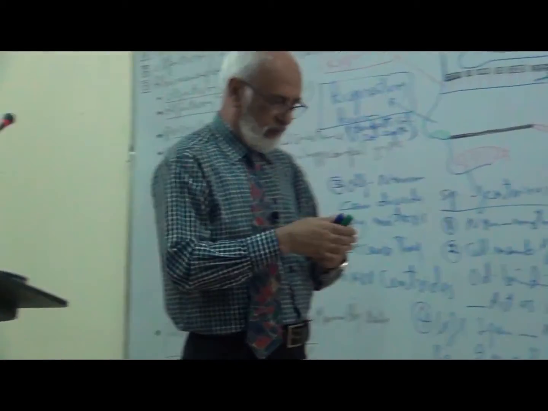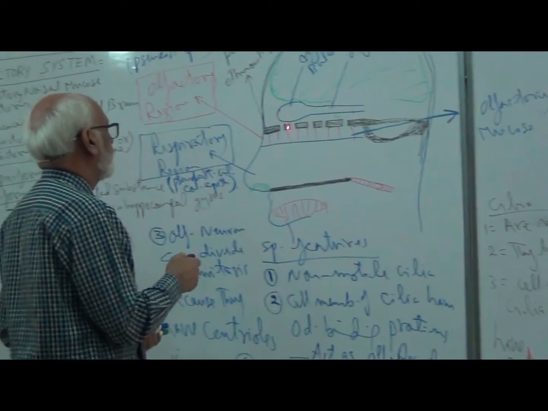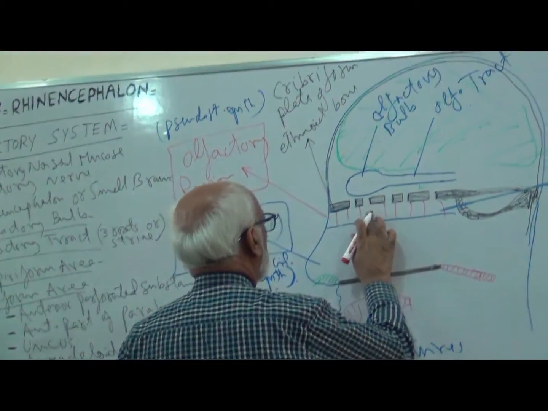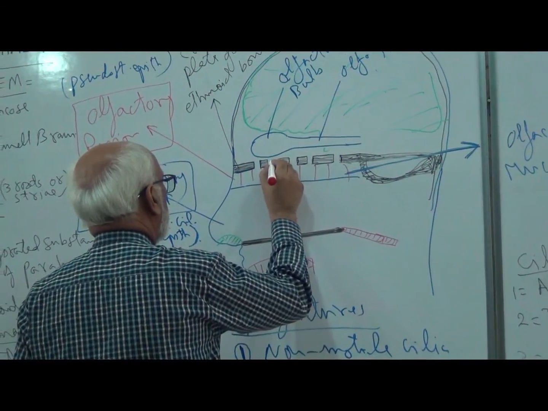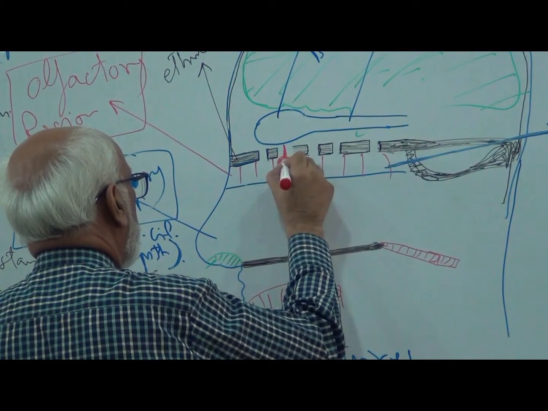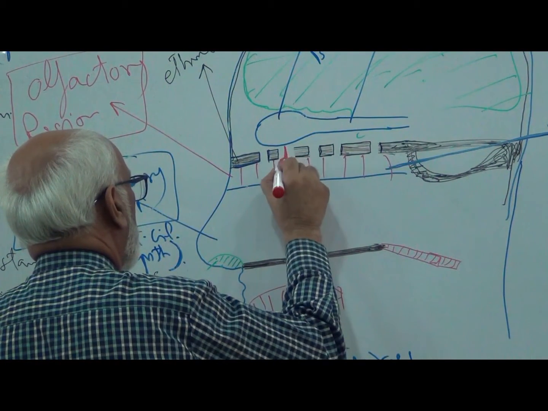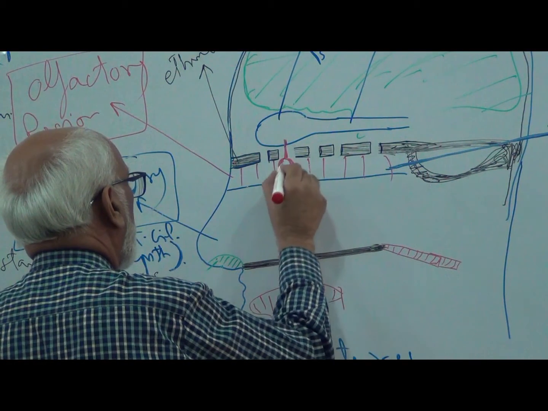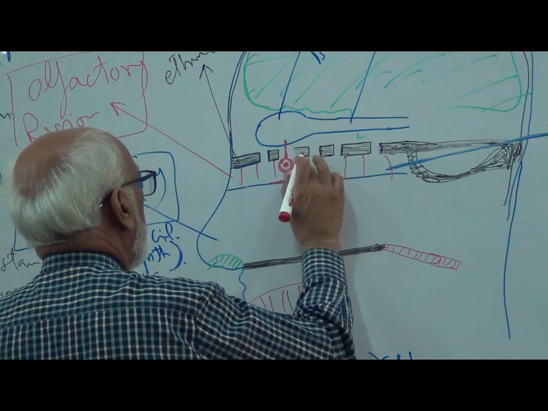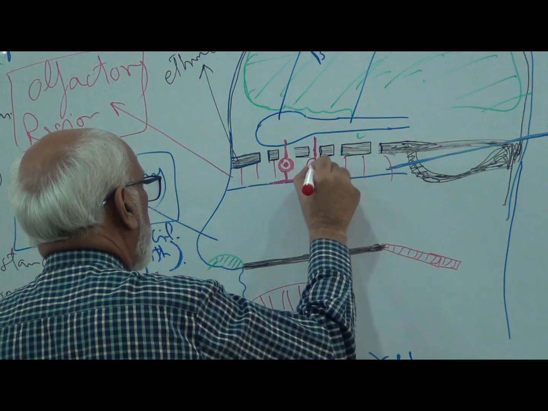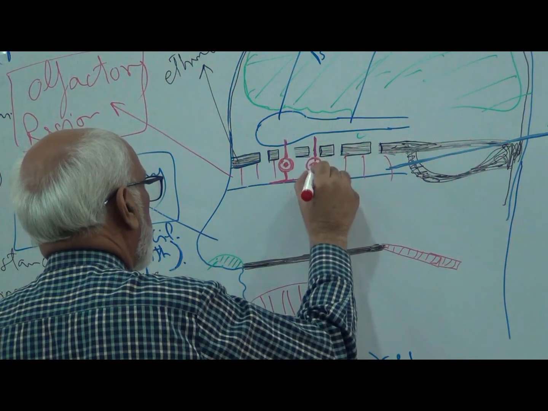The axons of these olfactory neurons pass through the cribriform plate of the ethmoid bone. Suppose this is an olfactory neuron in the olfactory mucosa, and another olfactory neuron embedded in the olfactory mucosa.